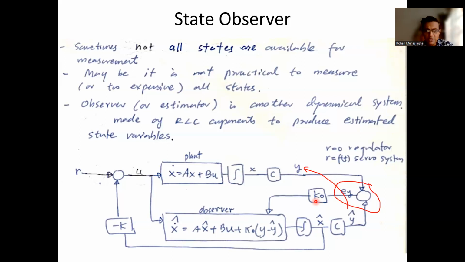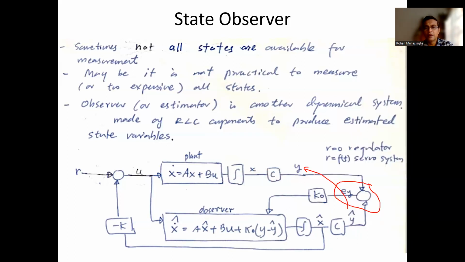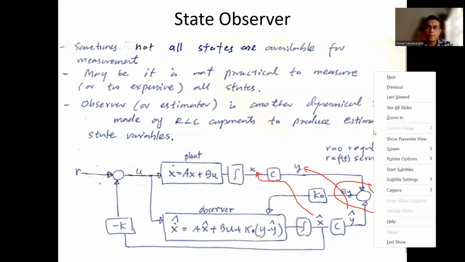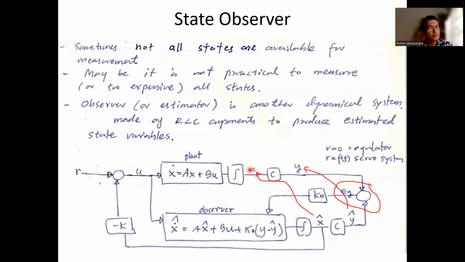So if that is the case, when y hat is equal to y, x hat is equal to x, right? So even if you do not have x, if you do not know x, you still have x hat.